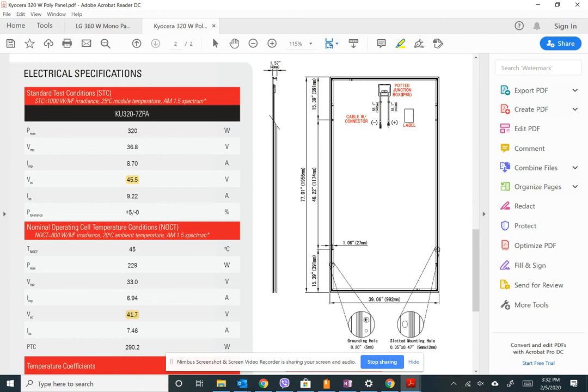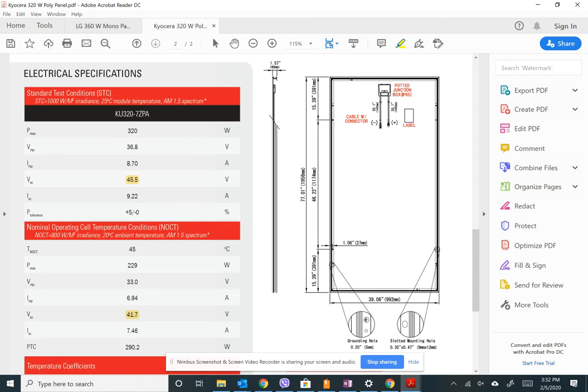These are the two different standards: you have the NOCT and the STC. NOCT is tested at a lower irradiance, meaning lower light, 800 watts per meter squared. It says it underneath where it says NOCT. And then it is tested at 20 degrees C ambient temperature and AM 1.5. Plus, there's a little wind in there as well, 1 meter per second, I believe.